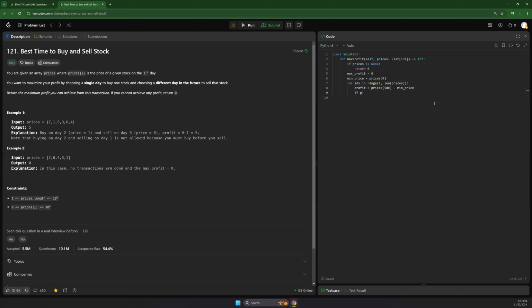And if your profit is greater than max profit, you want to update max profit. At the same time, if your new value, that means prices[idx], is less than the min price you have seen, you want to update the min price as well.